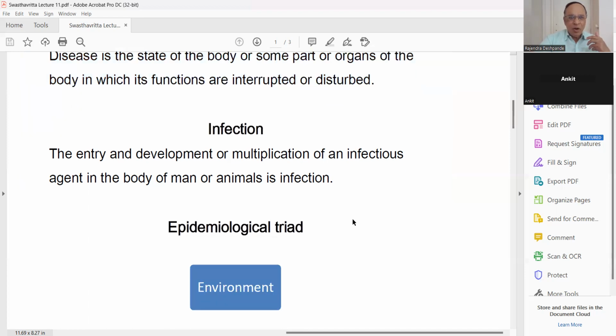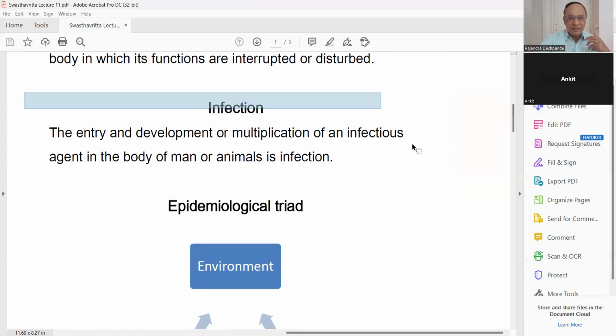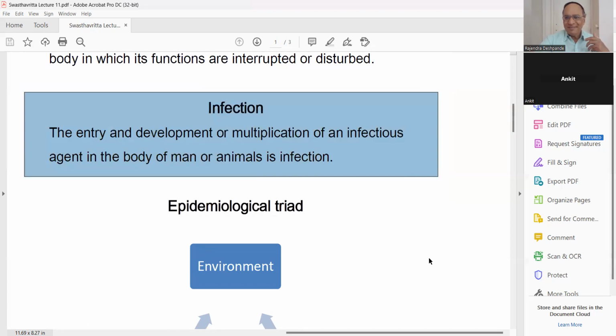Now, we will talk about infection. What is infection? I have got the flu infection. I have got the tuberculosis infection. I have got the gastroenteritis, vomiting and diarrhea. Many of the problems are in India, at least, I am sure.